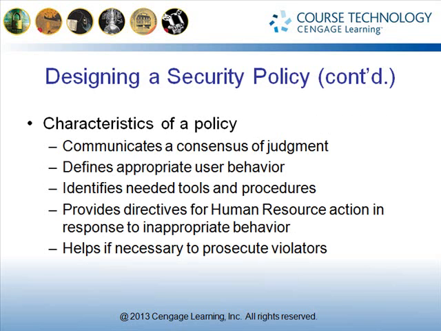They communicate a consensus of judgment. They define appropriate behavior for users. They identify tools and procedures that are needed. They can provide directives for human resource action in response to inappropriate behavior. And a policy can be helpful in the event that it is necessary to prosecute someone who has violated the policy.